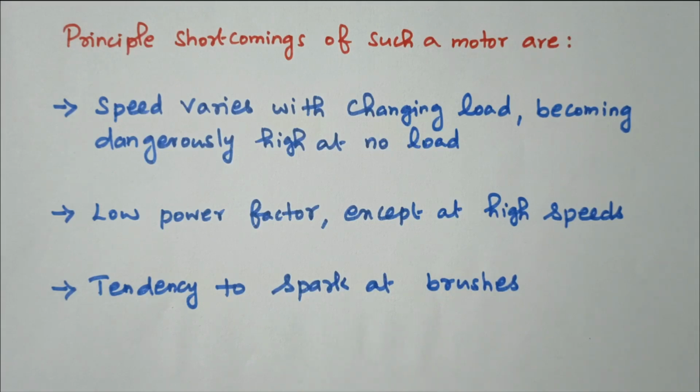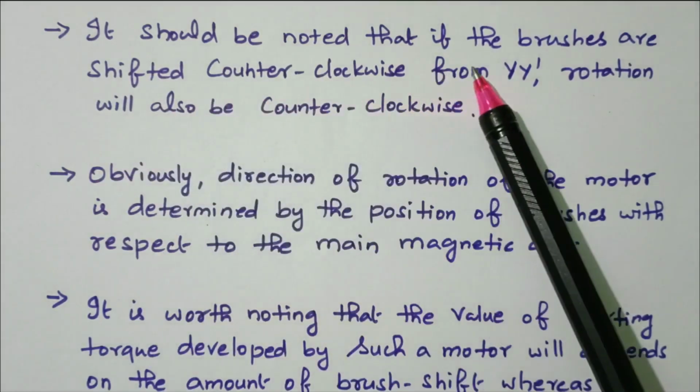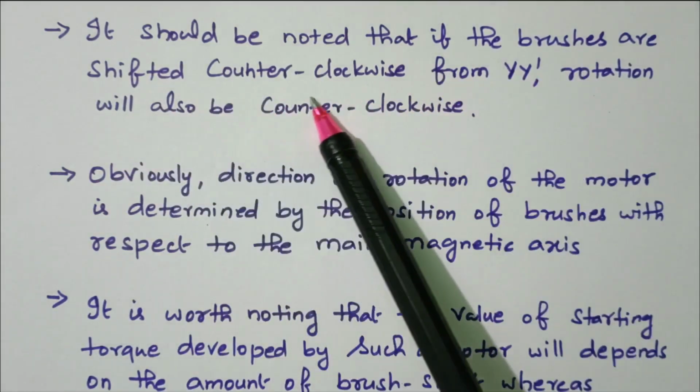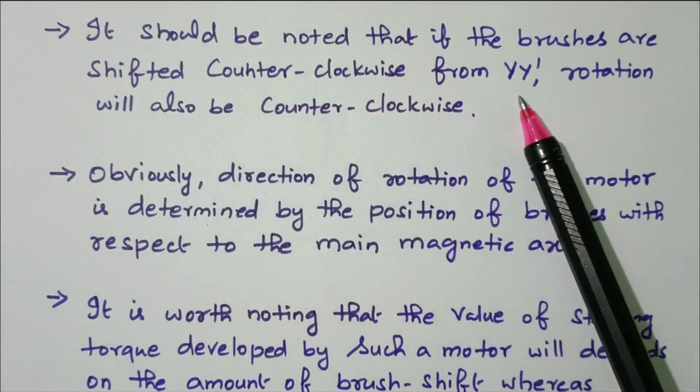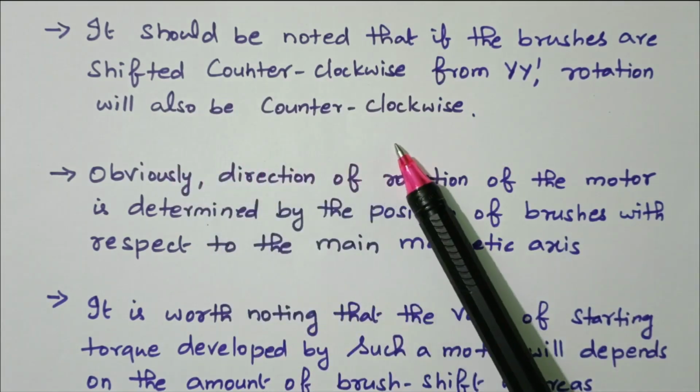Now we'll see some more details about the repulsion motor: speed-torque characteristics, and the direction of current and torque. It should be noted that if the brushes are shifted counterclockwise from YY dash, the rotation will also be counterclockwise.